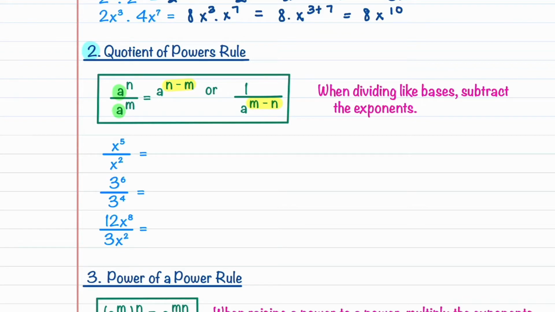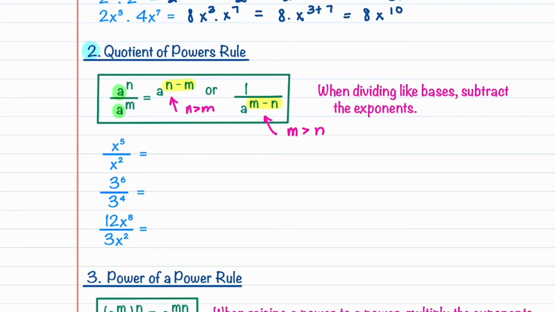The reason that you do this is it's easier when you're working with positive powers. Let's make a note that you write it this way if n is greater than m, and then you write it this way if m is greater than n.